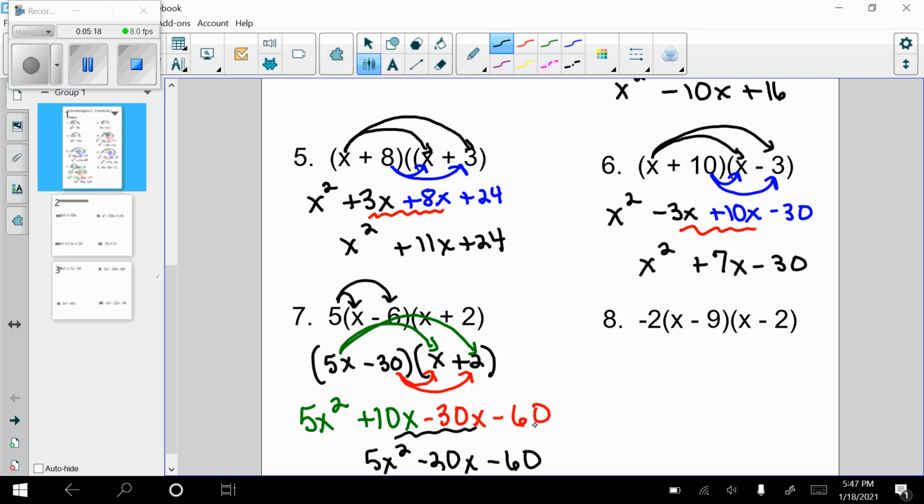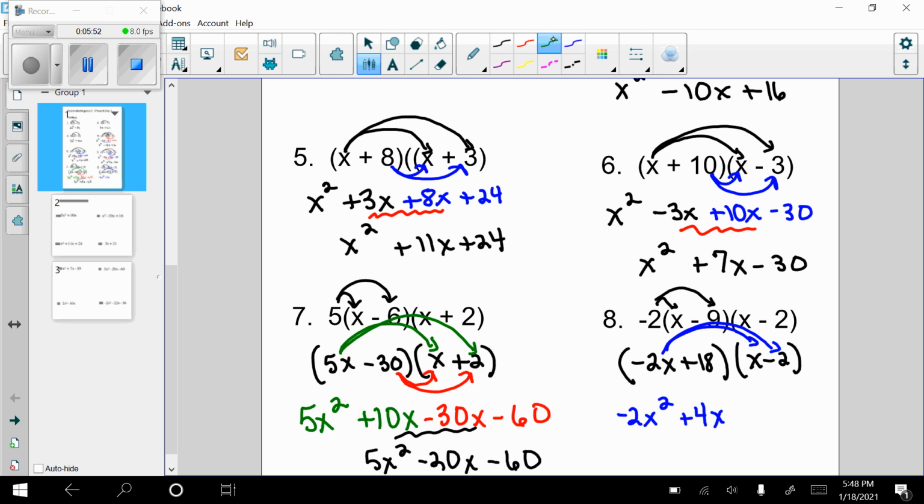Okay, so this last one, I have a negative 2 sitting out in front. So I'm going to go ahead and distribute my negative 2 in there. So I get negative 2x plus 18 times x minus 2. So now I can FOIL. So I got negative 2x times x, which is negative 2x squared. Negative 2x times negative 2 is plus 4x.